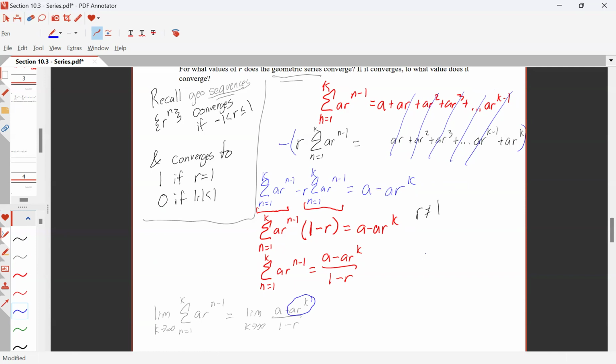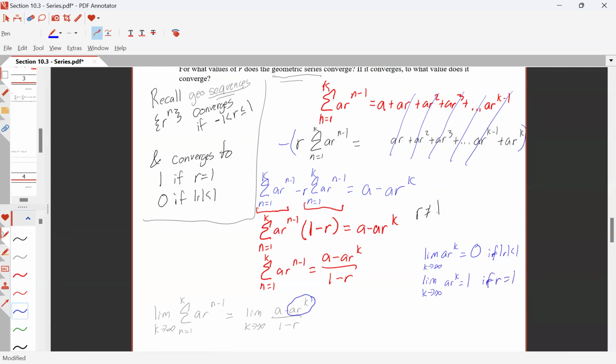And we know from geometric sequences that the limit of a r to the k equals 0 if the absolute value of r is less than 1. The limit as k goes to infinity of a r to the k equals 1 if r equals 1.